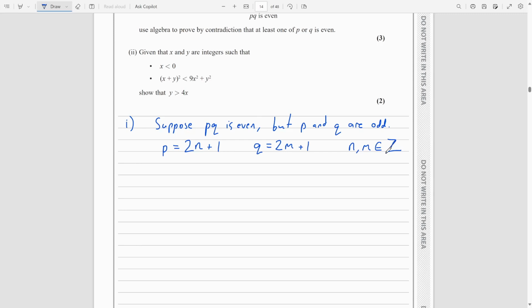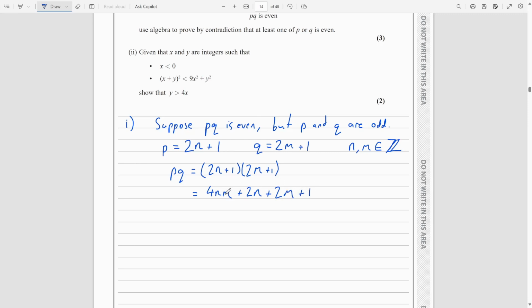Okay, that's just being really precise about that. Well, let's investigate what pq is. pq is therefore 2n plus 1 times 2m plus 1. If we expand this, we get 4nm plus 2n plus 2m plus 1.